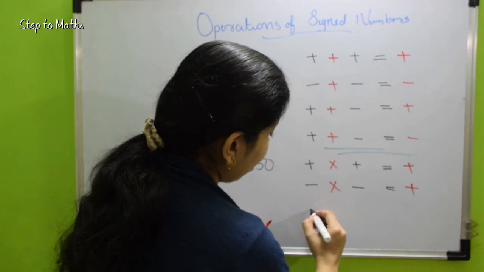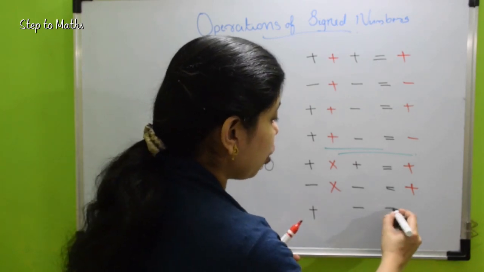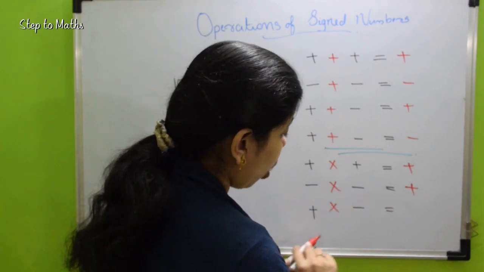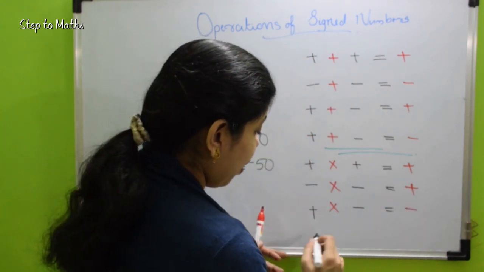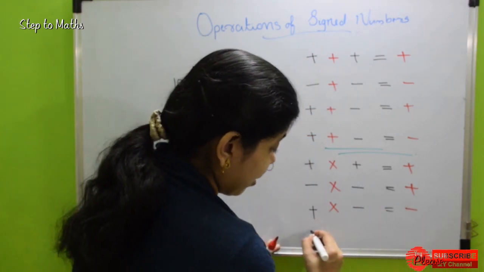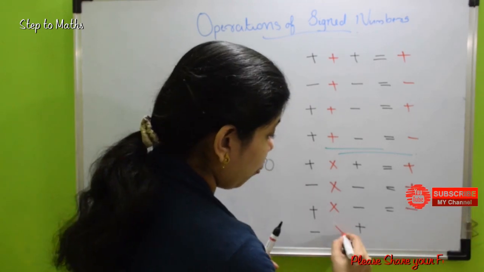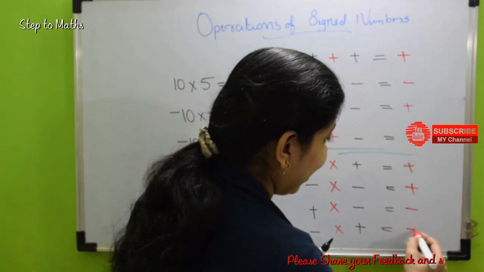Now if the first number is positive and the second number is negative and we multiply together, their product is negative. And when the first number is negative and the second number is positive, the product is negative.